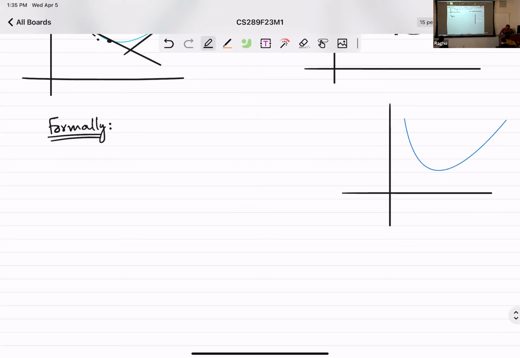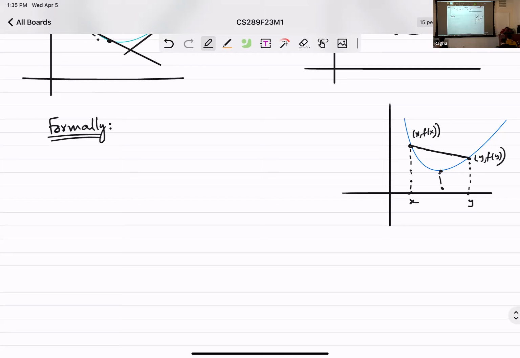If I take 2 points, let's say X and Y, so this is the point X comma f of X and Y comma f of Y. The line segment joining these 2 points is above the curve in between.